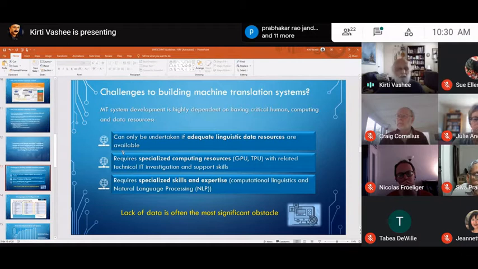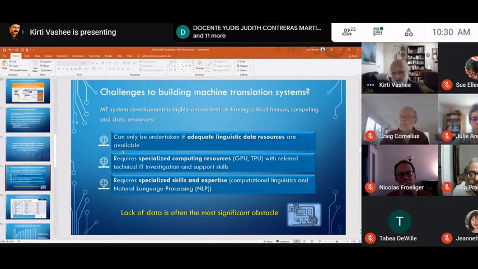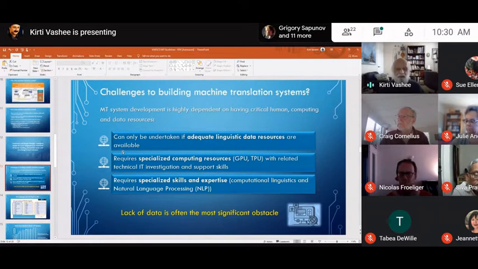The most frequent problem that stalls the development of machine translation technology is the availability of linguistic data resources. Machine translation systems are built with data from historical translations. So if you have lots of books, lots of data, content, government documents that have, say, English to your language, then it's easier to build a machine translation system than if you don't have it.